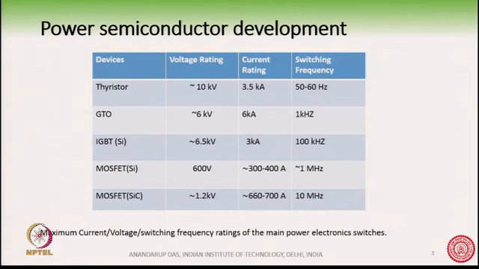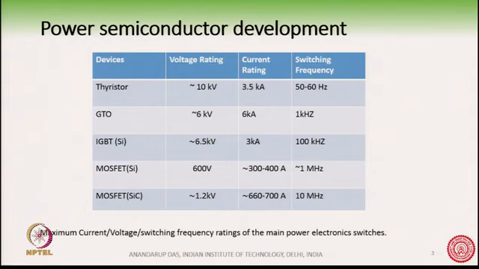Silicon based IGBTs, in particular for medium voltage applications, have ratings around 6.5 kilovolt and 3 kiloampere as the maximum rating. These silicon based IGBTs are very popular, and different ratings of IGBTs are available.